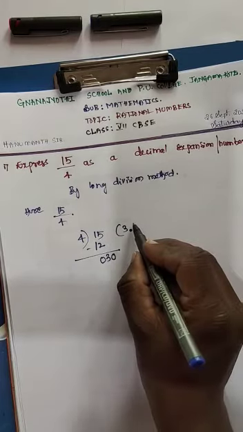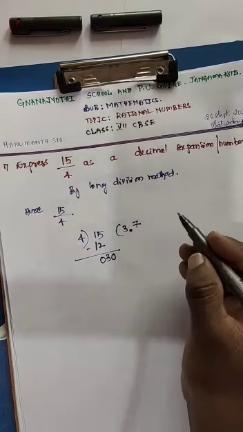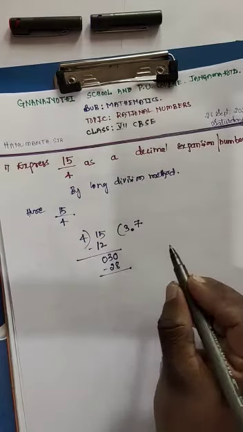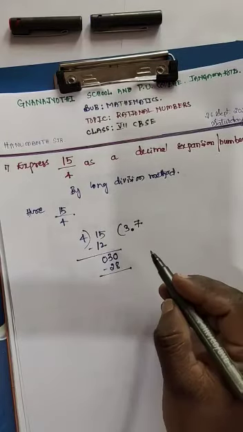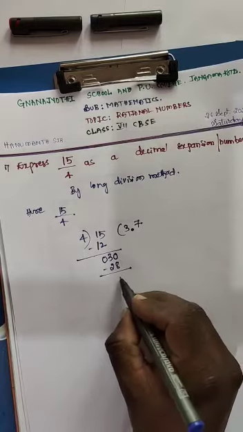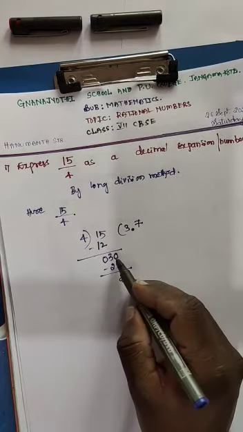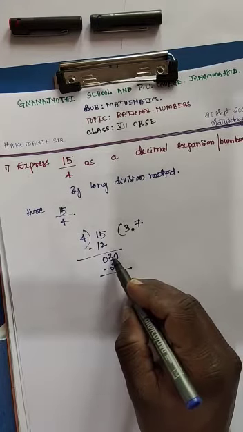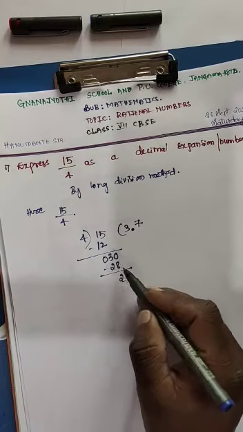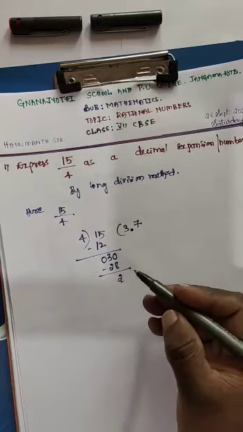So 4 sevens are, as you know, 28. By subtraction, we can subtract 28 from 30, we get 2. Here 1 is carry, so 0 becomes 10, 10 minus 8 is 2, 2 minus 2 is 0.